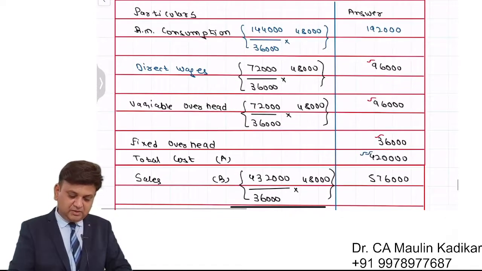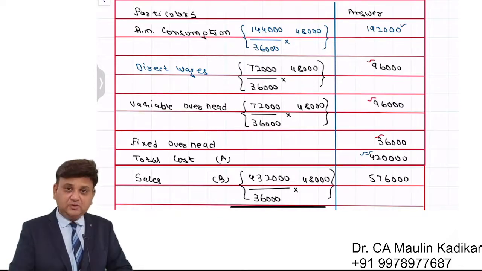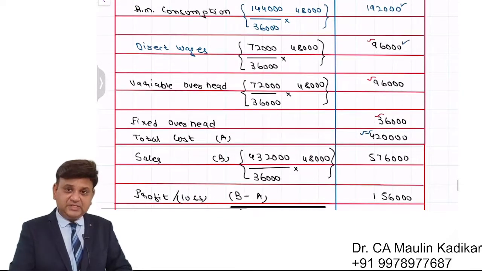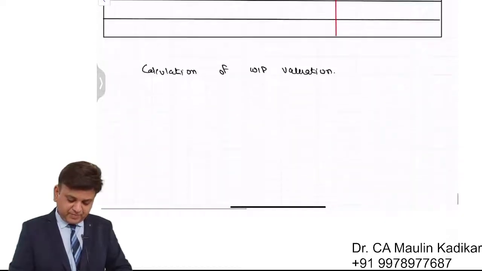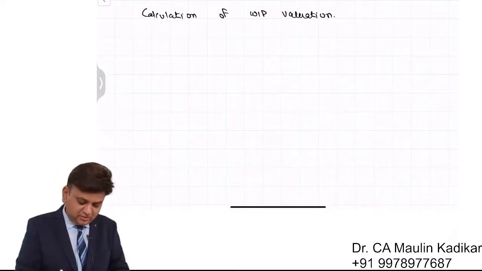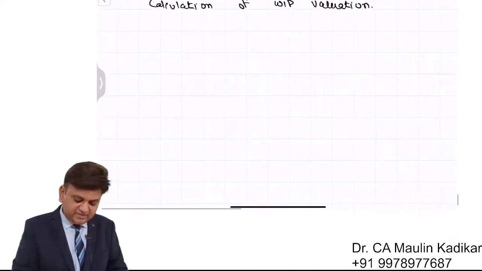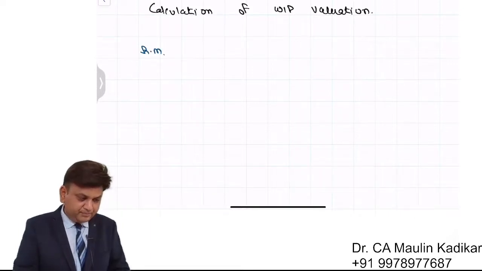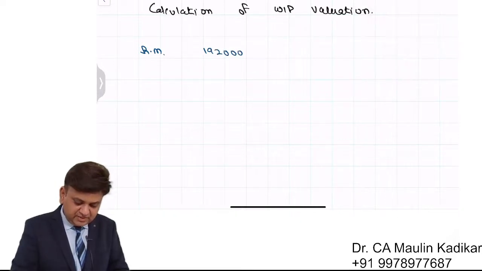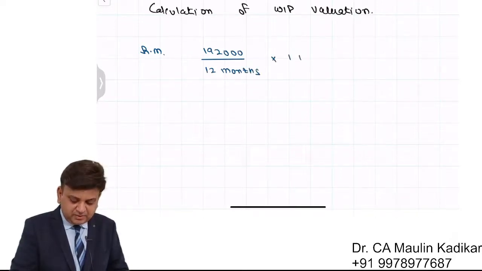We understand that the cost of the direct material is 1,92,000, direct wages is 96,000, overhead is again 96,000 and fixed overhead is 36,000. So everybody is requested to pay attention. We basically have 3 types of expenses. One is the cost of the raw material, an amount of 1,92,000 divided by 12 months into WIP holding period of 1 month.